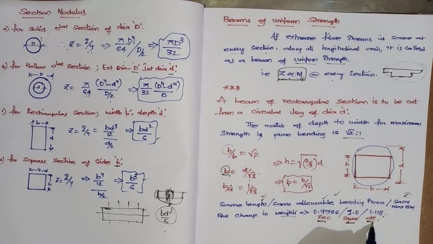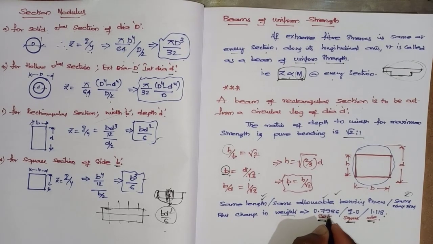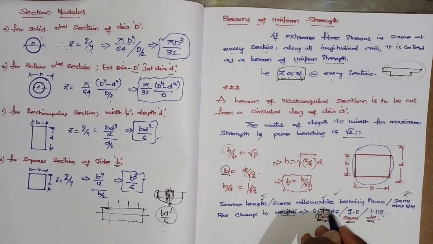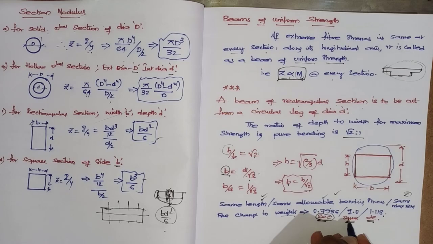And if I use a rectangular beam, the weight will be less, 0.793 times that of the square. Only 79% of the weight of the square will be taken.